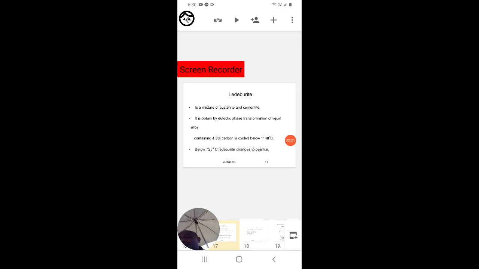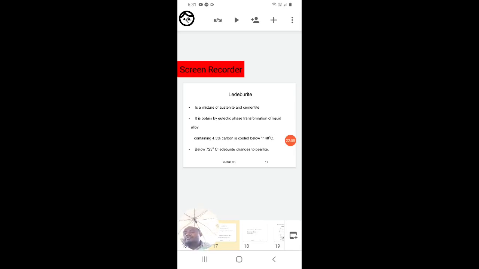In this, ledeburite means eutectic reaction. Eutectic reaction means liquid phase gives rise to two types of solids. Understand?